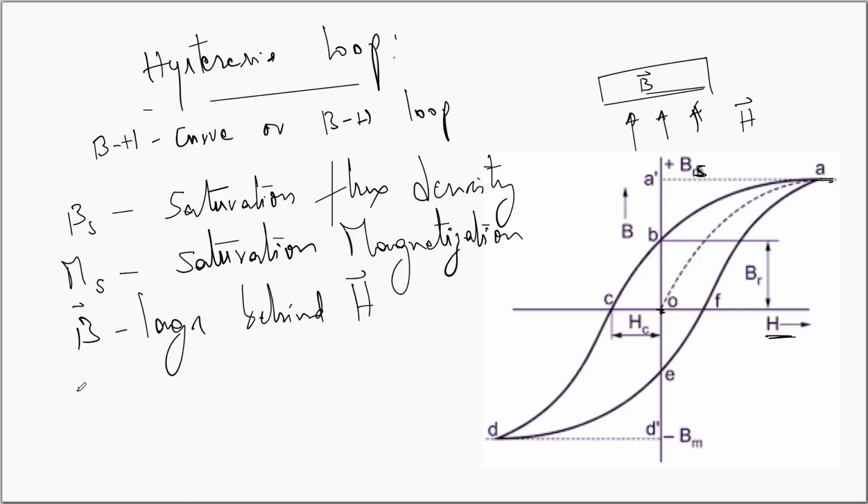And when H becomes 0, it reaches a value B here, which means the flux density is not 0. The applied magnetic field intensity is 0. And this is what is called the retentivity or the residual magnetism. So when H becomes 0, B does not become 0 and will have a value equal to OB.